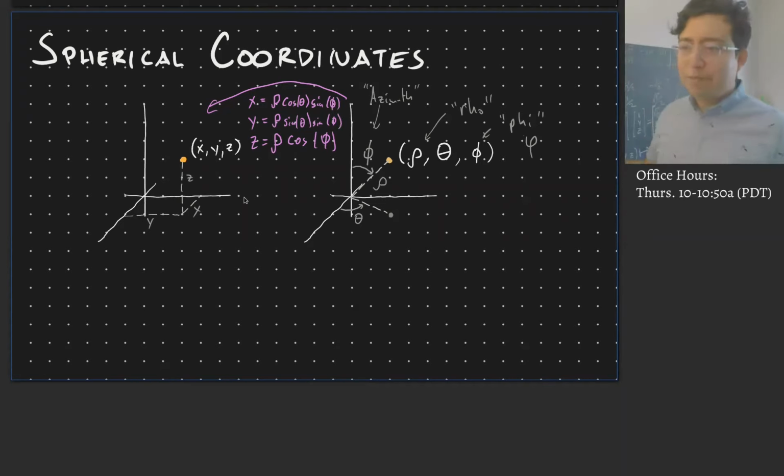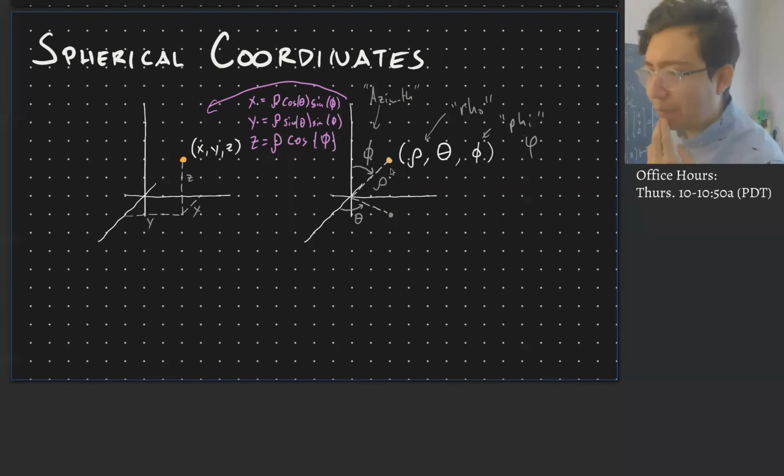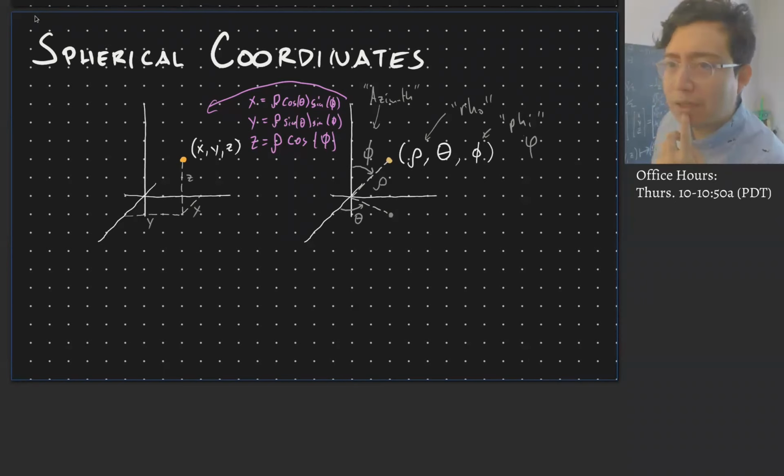Okay, let me pause for a second, let you catch up on writing this, and let me explain how I realized that I mixed up my phis and my thetas. Basically, what you can see here from the picture is that you get this right triangle formed by rho, the z-axis, and this distance here. Oh, that's not the right distance. It's actually something like this.